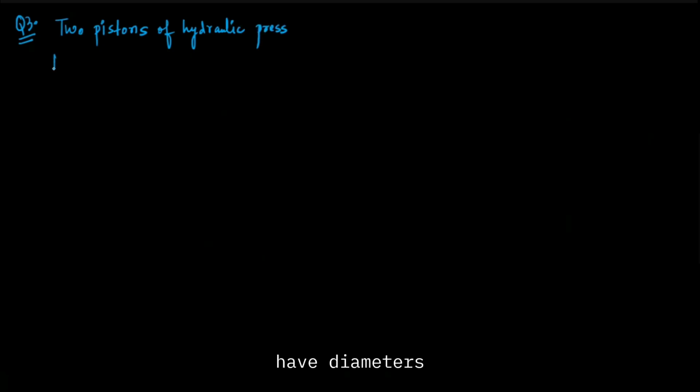There's a question. It says that there are two pistons of a hydraulic press that have diameters 30 centimeter and 2.5 centimeter.